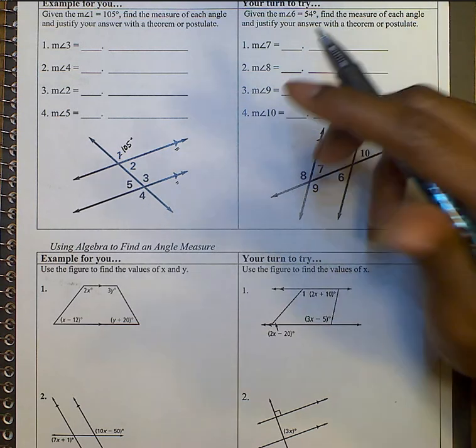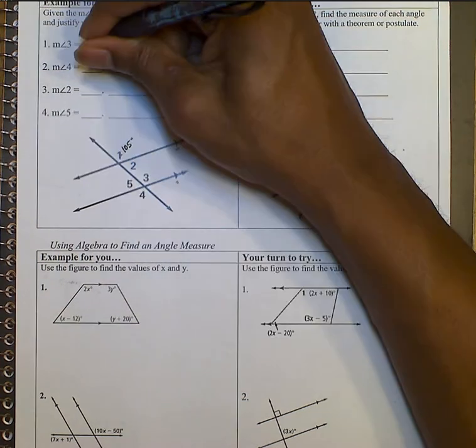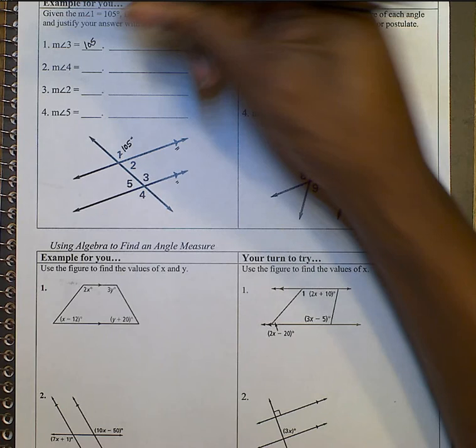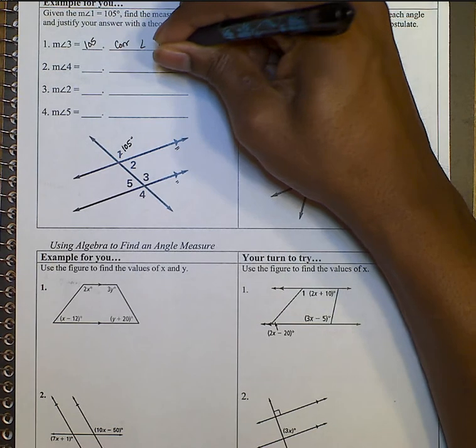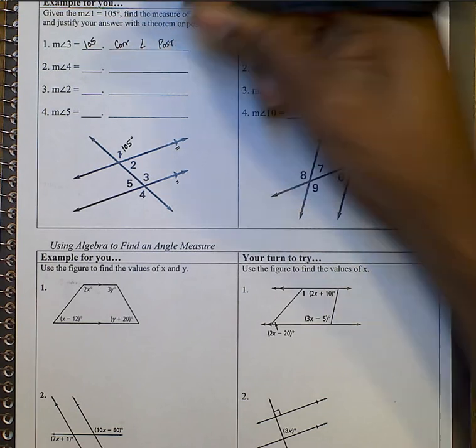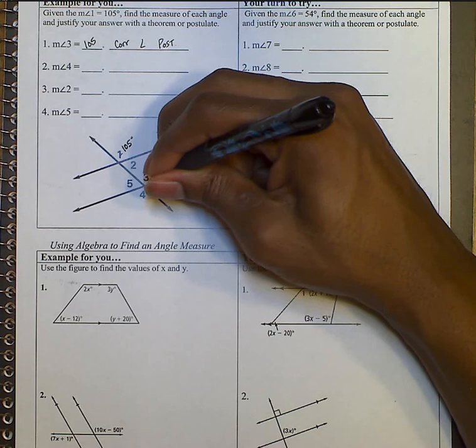So this is 105 degrees. Angle 3 would be 105 degrees because of corresponding angles. Corresponding angles postulate. I'll write 105 here.